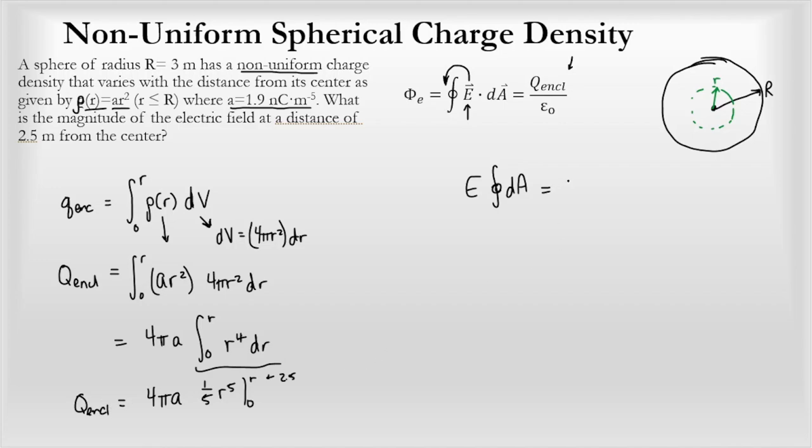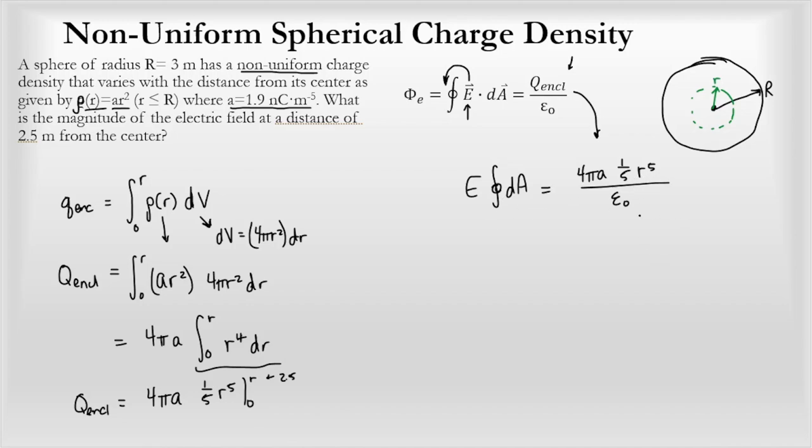I'm going to put that information on the right side of the equation: Q enclosed over epsilon naught, 4 pi A times 1/5 r to the 5th divided by epsilon naught. Notice the other end is 0. You plug in 0 for r and you get 0, so we really just care about the value at that r.